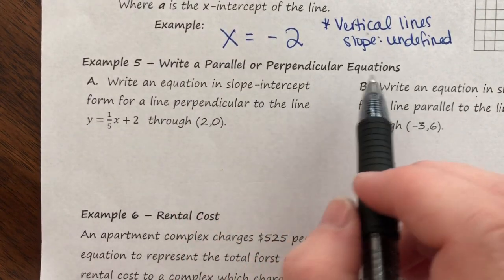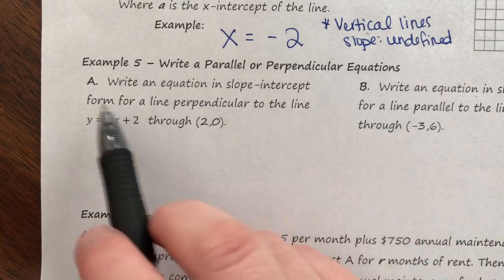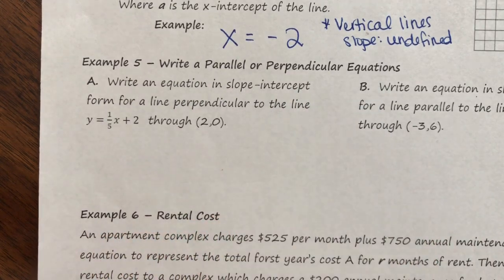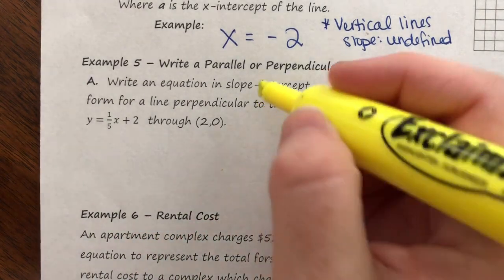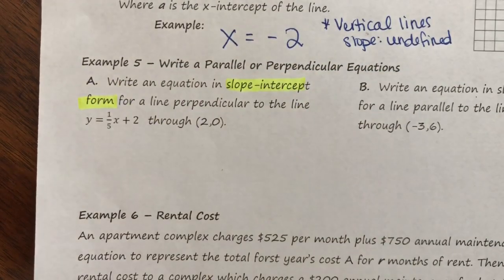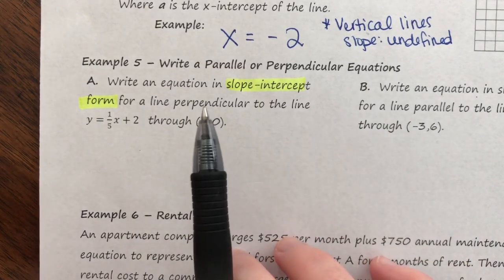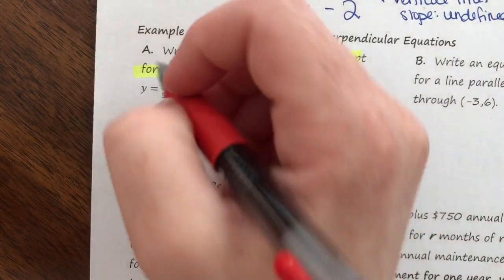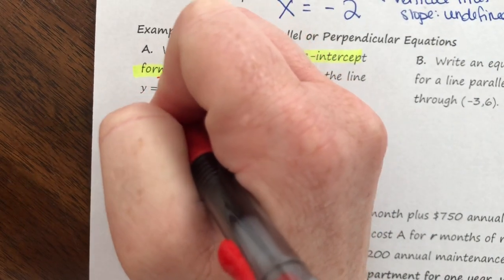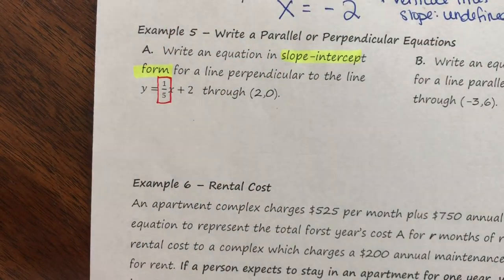Write a parallel or perpendicular equation. Write an equation in slope-intercept form, y equals mx plus b, for a line perpendicular to this line going through this point. Okay, well, they pretty much give us the slope here, right? Our slope isn't the same as this equation, but it's perpendicular to that.